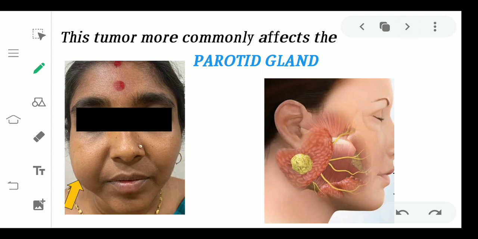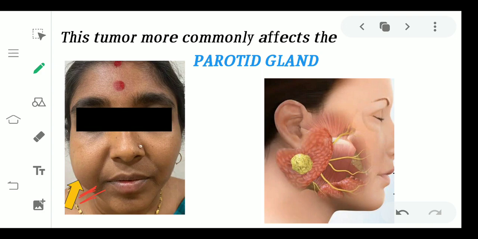Moving ahead in the picture, you can see that this area below and behind the ear is where your parotid gland is usually situated, and you can see the swelling in this region which has disturbed the regular structure of the face. The symmetry is completely disturbed in this particular case, which is an example of your pleomorphic adenoma.